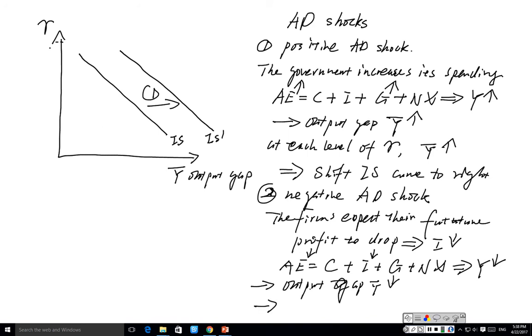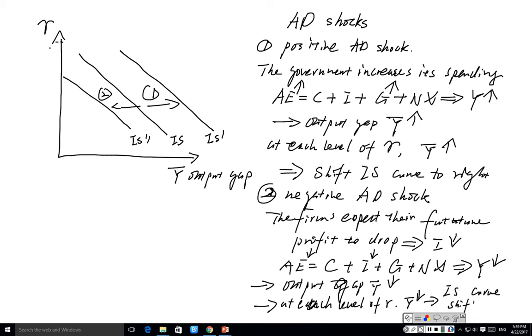At each level of the interest rate, the output gap declines, so it will cause the IS curve to shift to the left. Therefore, a negative aggregate demand shock will shift the IS curve to the left.